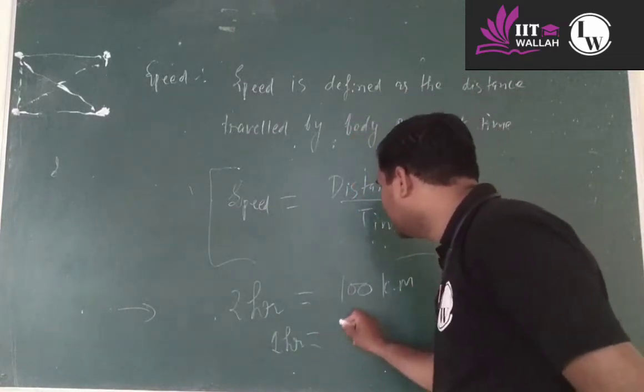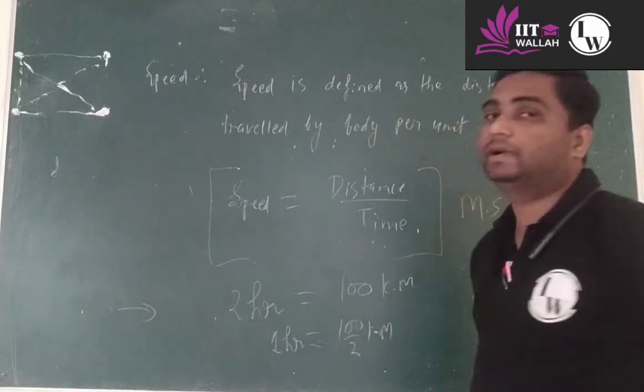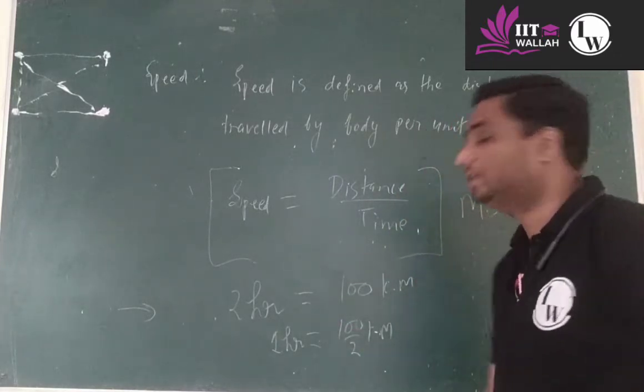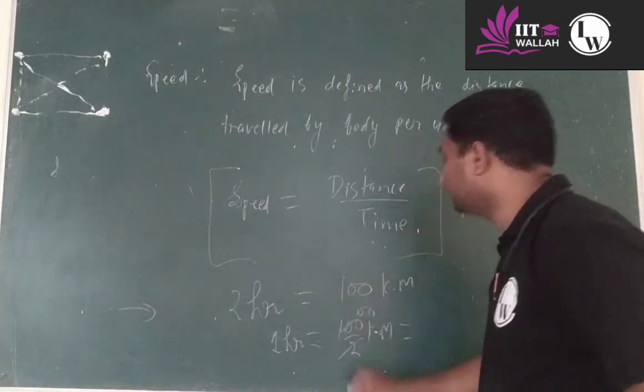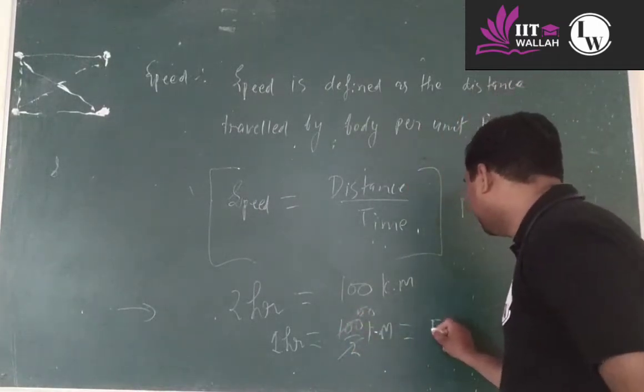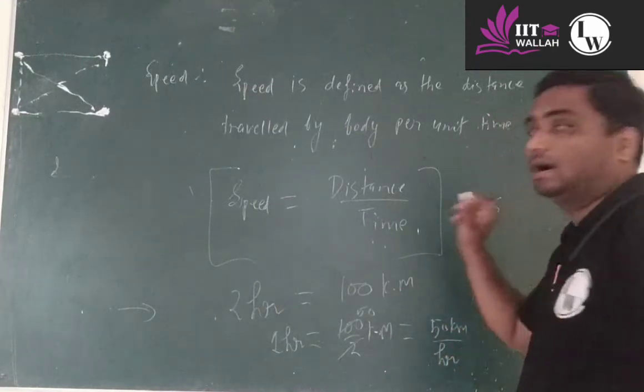So in 2 hours if the person goes 100 kilometer, then in 1 hour the person will go 100 by 2 kilometer. So 100 by 2 will be how much? 50. So this will be 50 kilometer per hour.